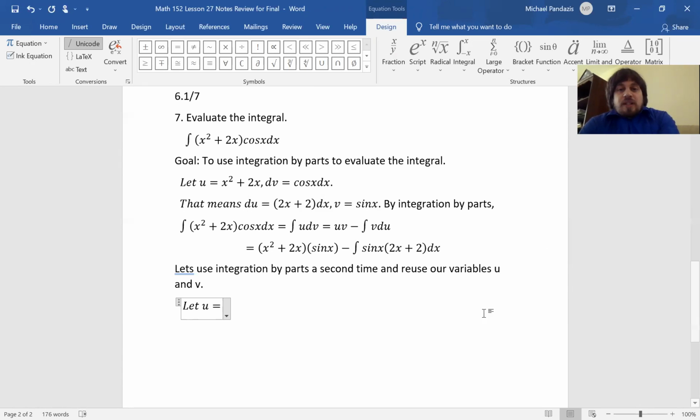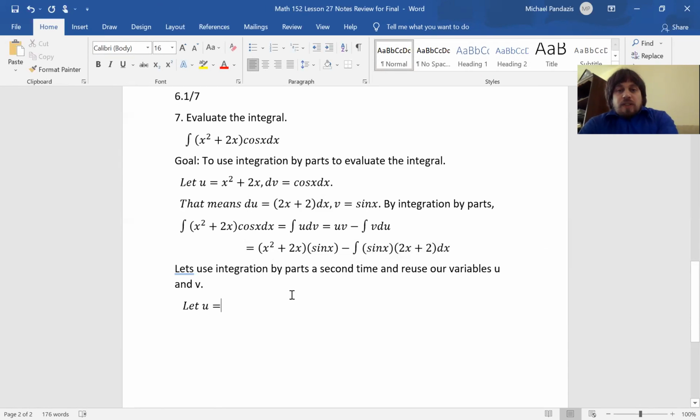So u is the thing I want to make simpler, and so just so there's no confusion here, it's sine x times 2x plus 2 dx. So I will let u be the thing I want to simplify, 2x plus 2. I'll let dv equal everything else, sine x dx.